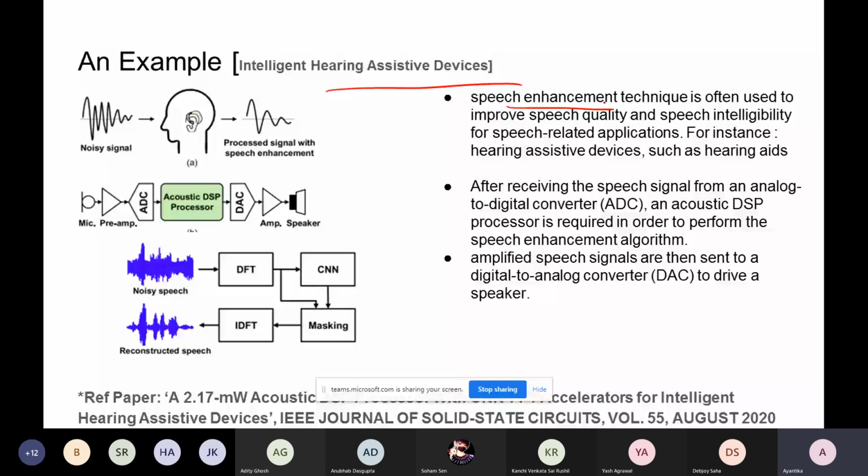When we say intelligent hearing assistive device, we are adding a machine learning concept to it. Initially, a processor took a speech signal with some noise, amplified it in some way, and gave the output to the speaker. Now we are making it intelligent by embedding a CNN block.